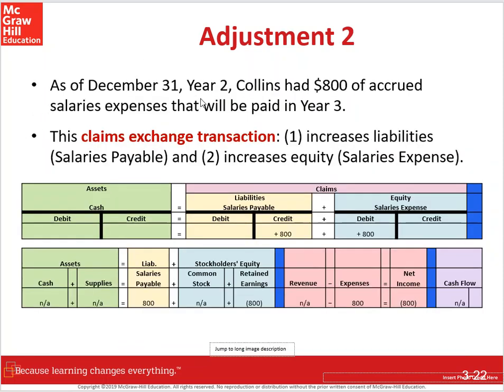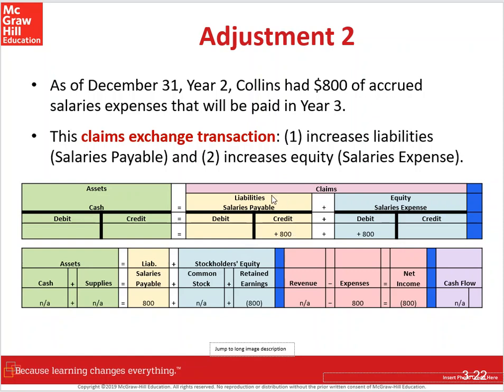Adjustment 2. As of December 31st, Collins had $800 of accrued salaries expense. So that word accrued, remember, means recognize before realize. So we need to recognize the salary expense now because it belongs to this period, year 2, and then we're going to pay it later in year 3.